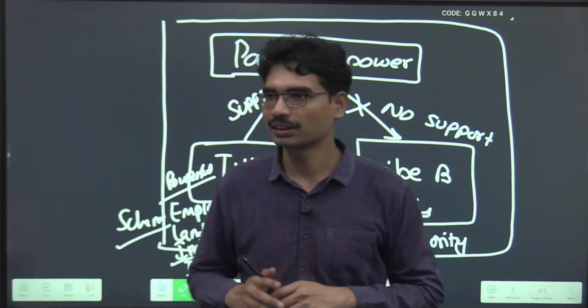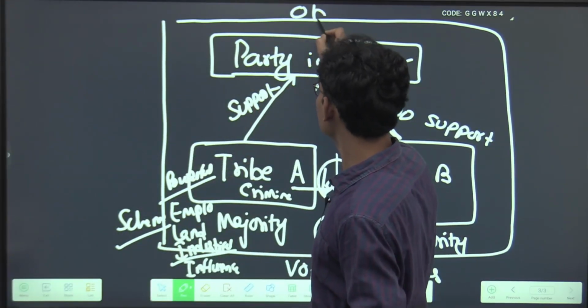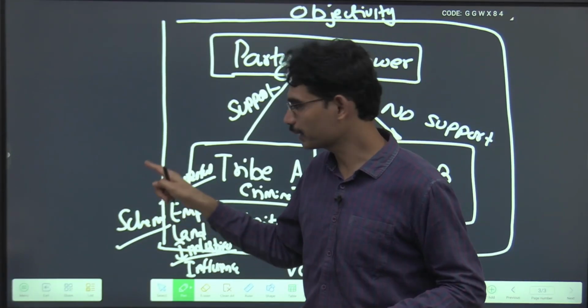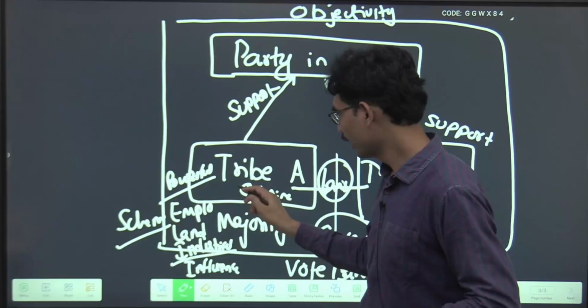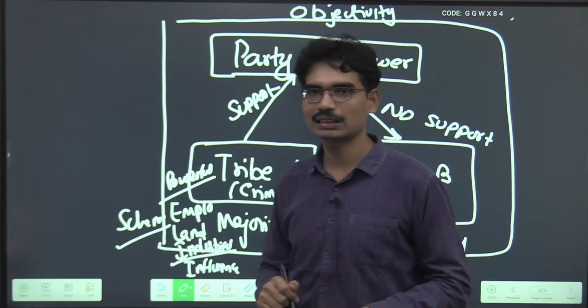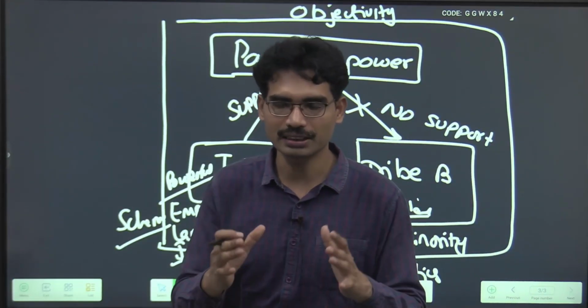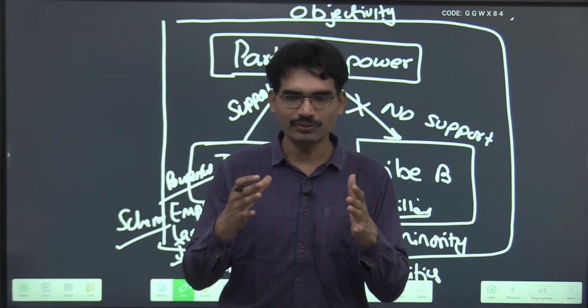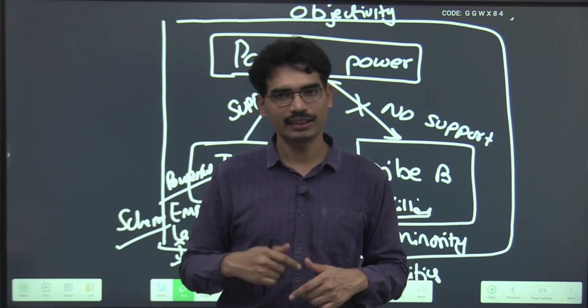This is where objectivity comes in. Objectivity means that irrespective of all these calculations, a criminal must be punished irrespective of your support. But that is not what is happening, and that's where the issues are in the country. It's everywhere.